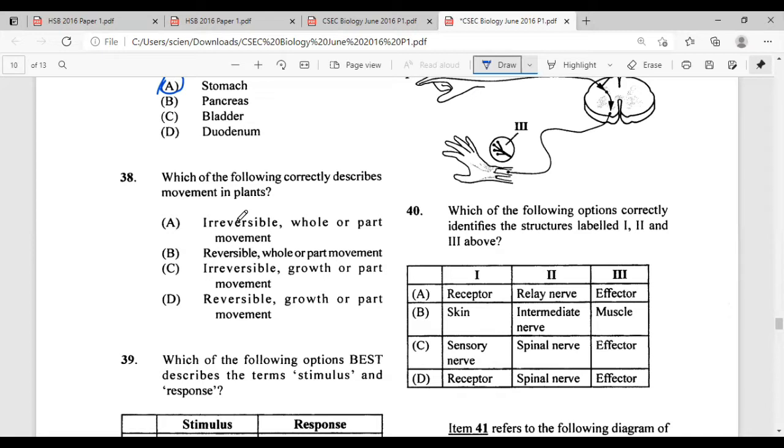So we know it has to be irreversible, and that is A or C. So the next thing we have to know, is it whole movement or is it growth movement? And we now know that our answer has to be growth movement. So the answer is C. So plants will exhibit an irreversible growth or part movement.